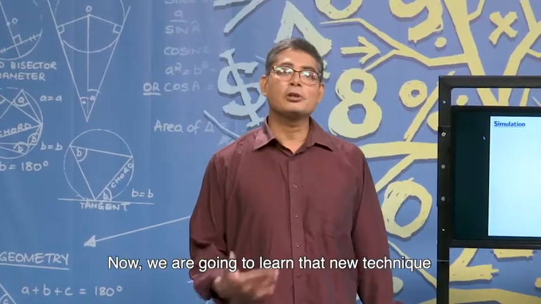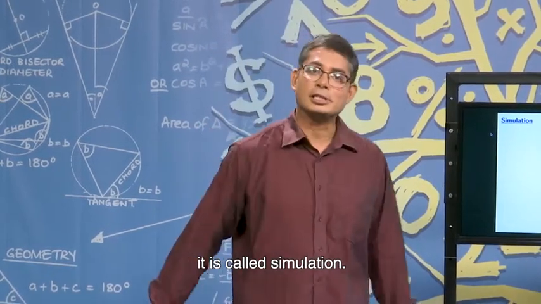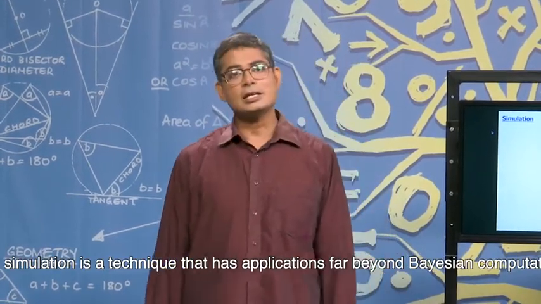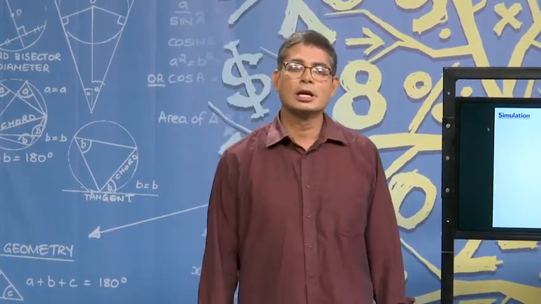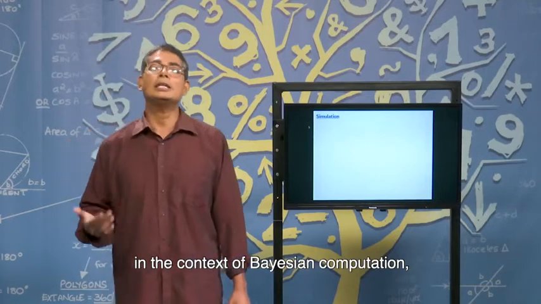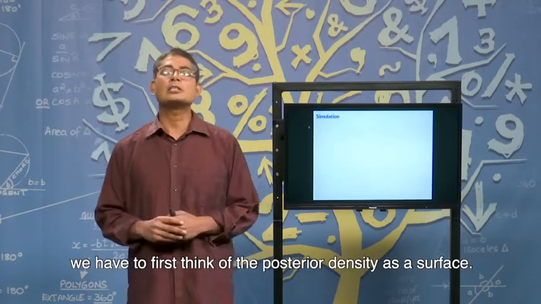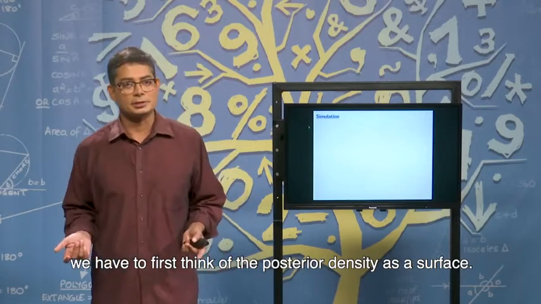Okay, now, we are going to learn that new technique that will be useful. It is called simulation. Now, simulation is a technique that has applications far beyond Bayesian computations. In order to understand the role of simulation in the context of Bayesian computation, we have to first think of that posterior density as a surface.